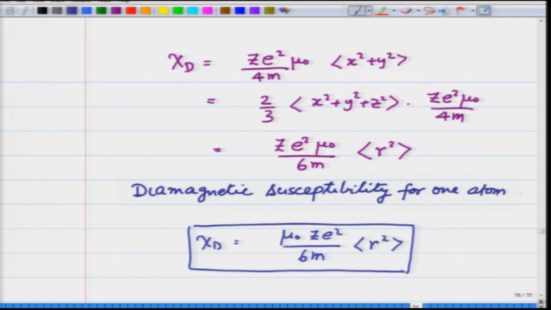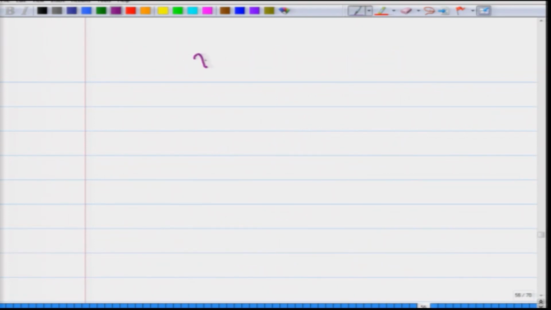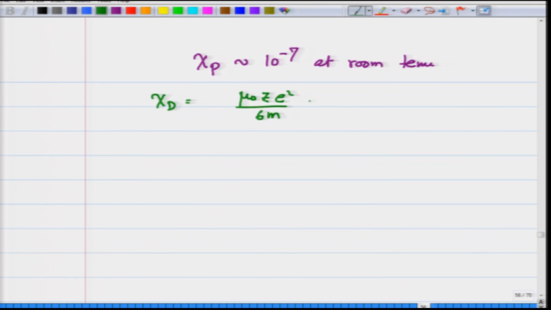Let us now get a feel for the numbers. Recall that in the previous lecture I had calculated chi paramagnetic to be of the order of 10 raised to minus 7 at room temperature. Now, let us see what chi d is. So, chi d is equal to mu 0 z e square over 6 m times r square.